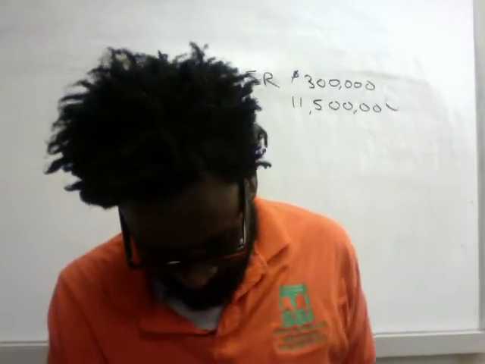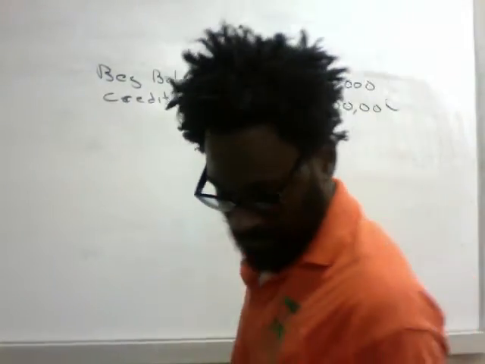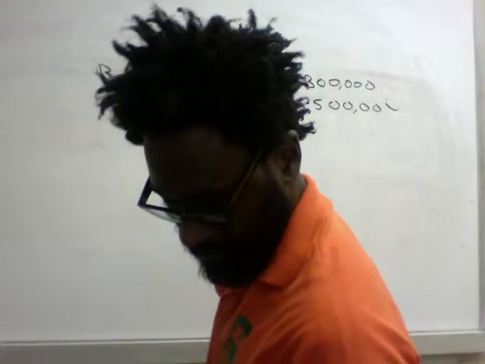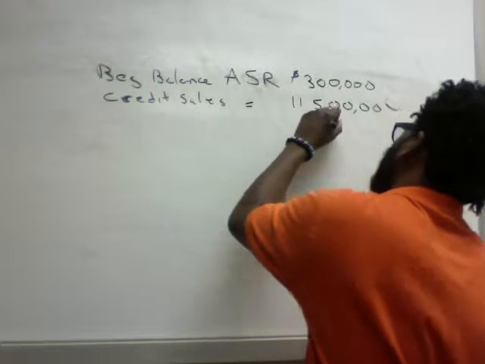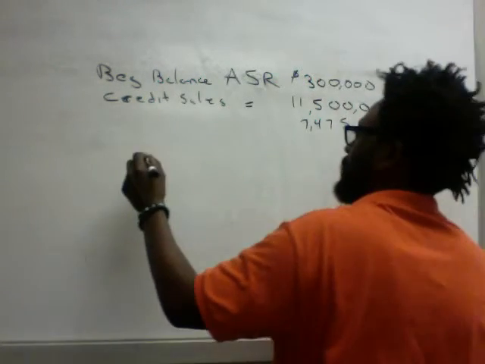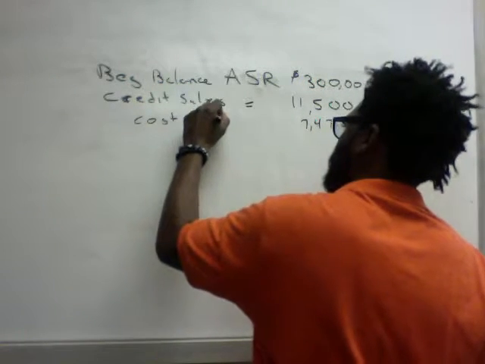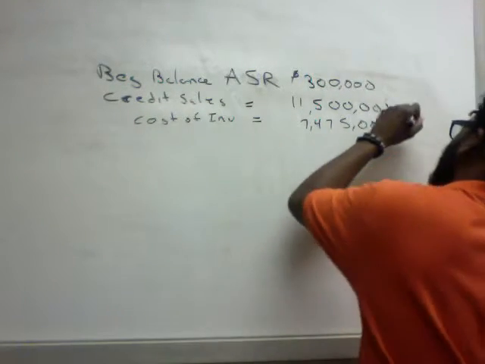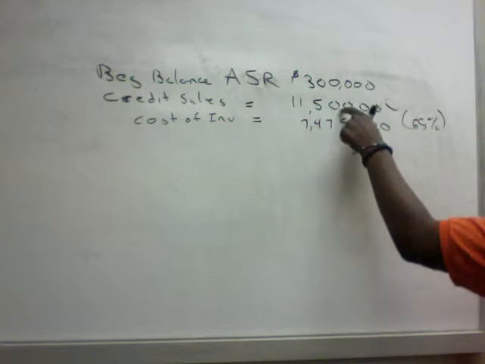And it says the merchandise cost Halifax. So the cost of it was $7,475, cost of inventory. And they said that was 65% of the sales, right?